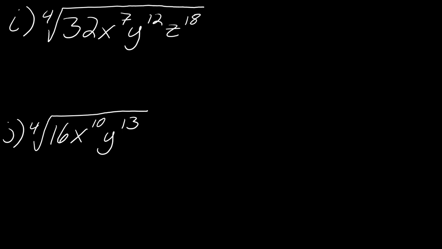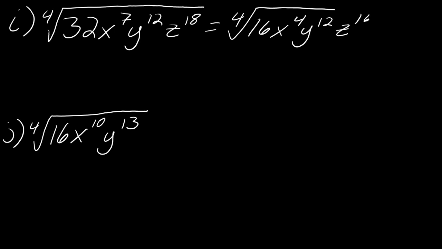Okay, so the largest fourth root that divides into 32 is going to be 16. So this is going to be the fourth root of 16. And then if I break down these other pieces, x to the 4th can be broken down, y to the 12th can be broken down, and z to the 16th can be broken down. So the stuff that's going to be left over is going to be 2x cubed and y squared.